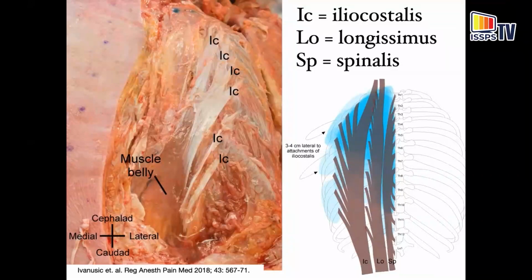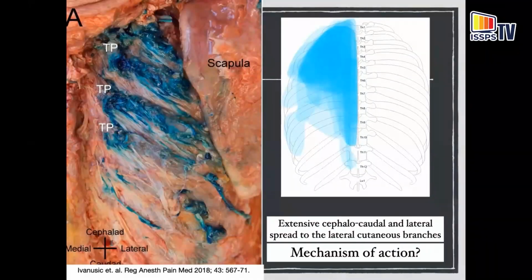However, in only 1 out of the 20 injections was there spread of dye to involve the ventral ramus, and this involved 2 levels. In only 2 of the 20 injections was there spread to involve the dorsal root ganglion and the origins of the dorsal ramus.